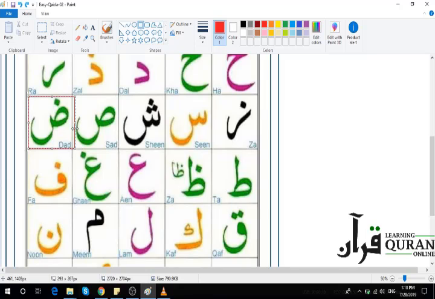Now one thing I want to explain is that some people read this letter like zod. This is the wrong way to read that letter. The correct pronunciation of this letter is dod.